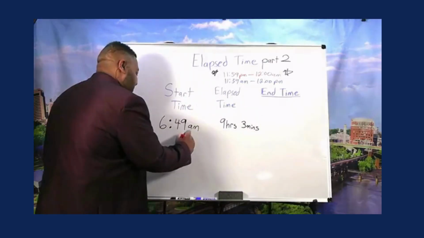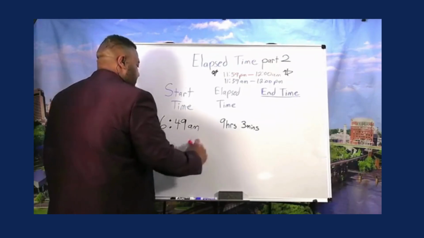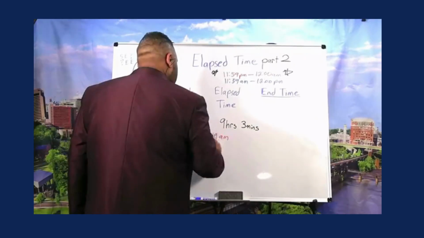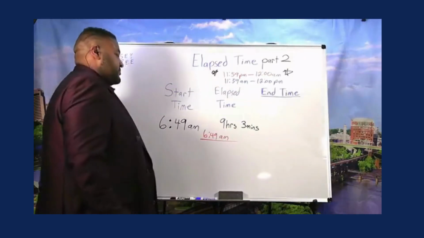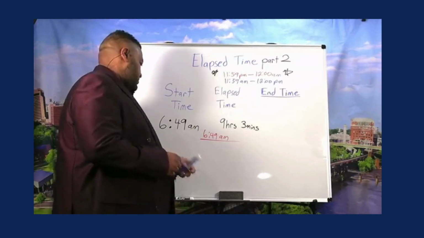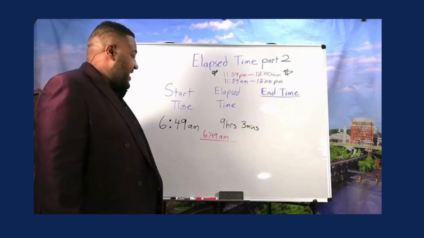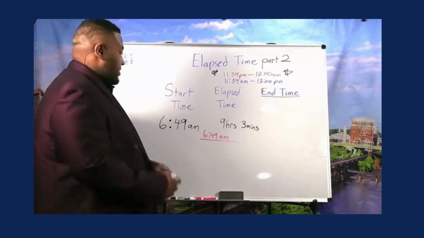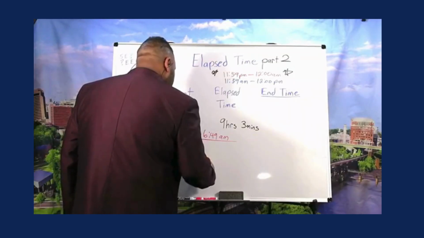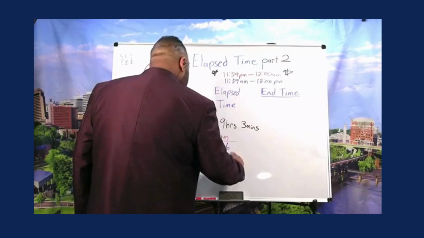So what do we write? 6:49 a.m. Write that on your paper, 6:49 a.m. And I'm going to count. 1, 2, 3, 4, 5, 6, 7, 8, 9.